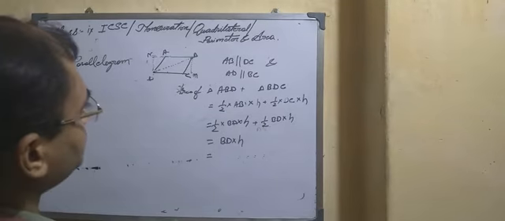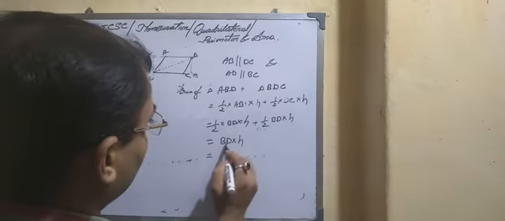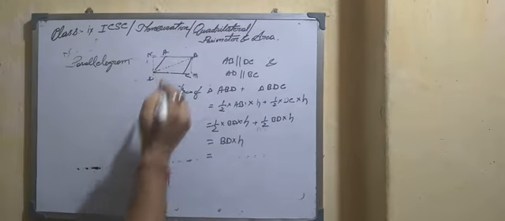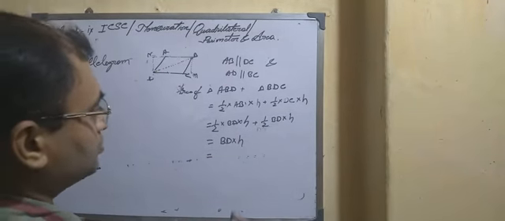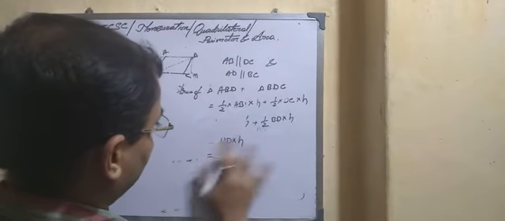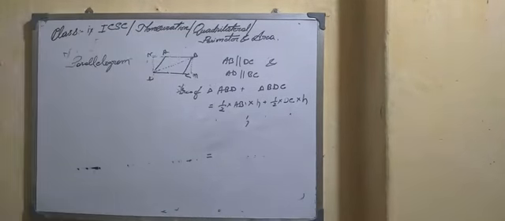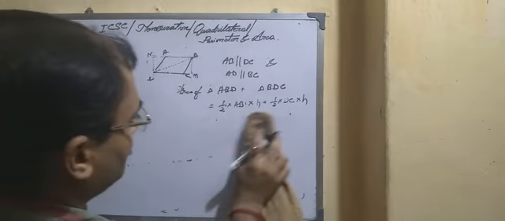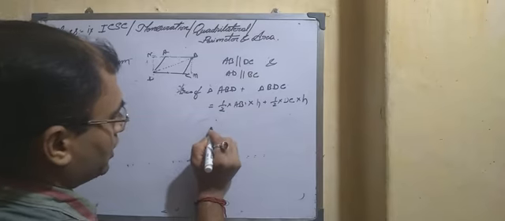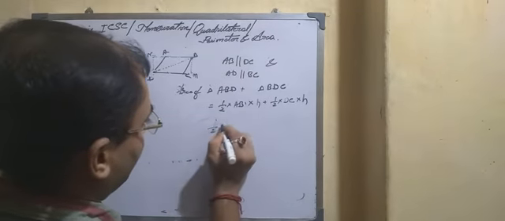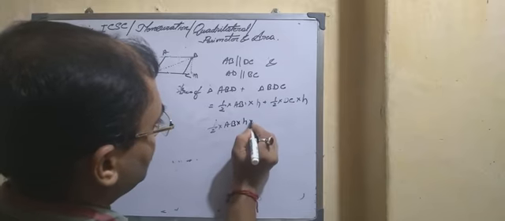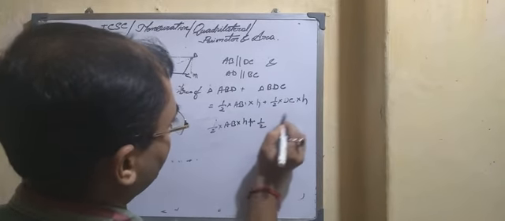Okay. So AB and DC are always equal for the parallelogram. Okay. So we can write, wait, just erase it all. Now we can write half into AB into H plus half DC.